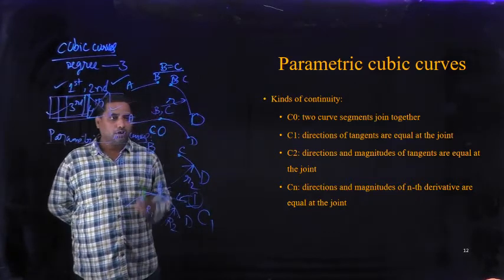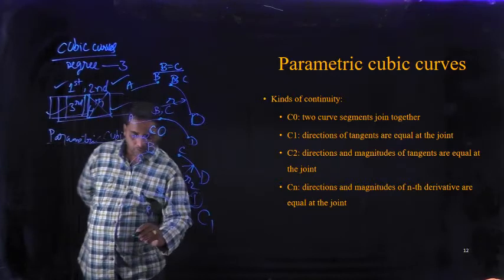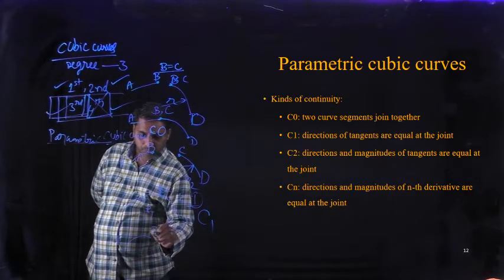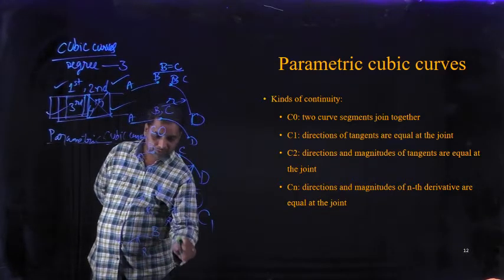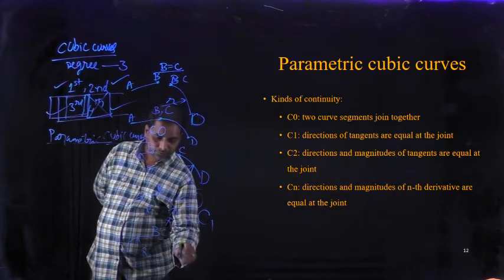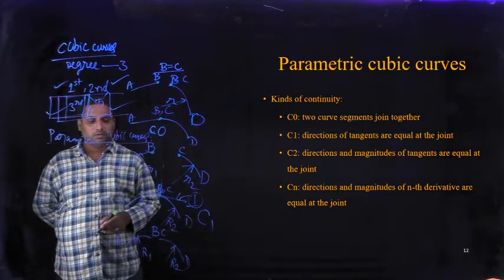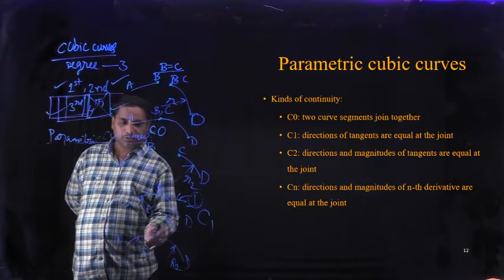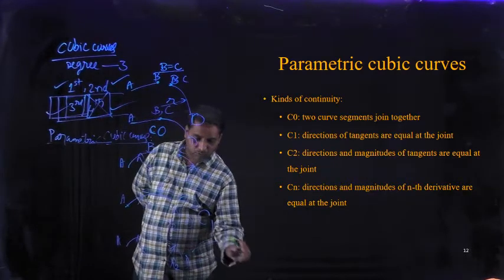Now another continuity is there, C2 continuity. For the same curve, suppose consider another curve AB, radius R1, and another curve CD, radius R2. The endpoint of curve AB is B, the endpoint of curve CD is C. If you join these two curves, then what will you get?